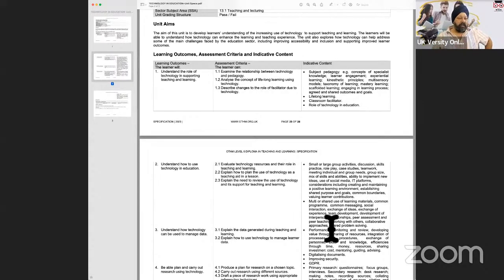Teaching can happen everywhere, whether you're a trainer, instructor, teacher, lecturer, or teaching assistant. There are bits and pieces that we do which are classed as teaching, and because you have learners, students, children who are learning from you, there is a lot of use of technology in supporting the process of teaching and learning.